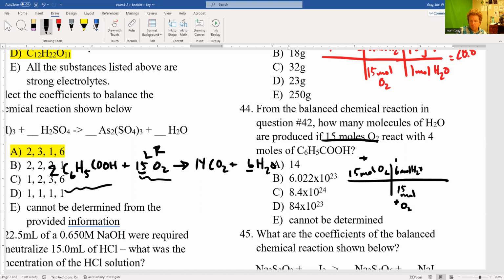This 6 here is this 6 here. 1 mole of H2O. Well, I'm not going to grams because I'm asked about molecules. That 1 mole of H2O is equal to 6.02 times 10 to the 23rd molecules. So what I have to do is say 15 times 6 times 6.02 times 10 to the 23rd.